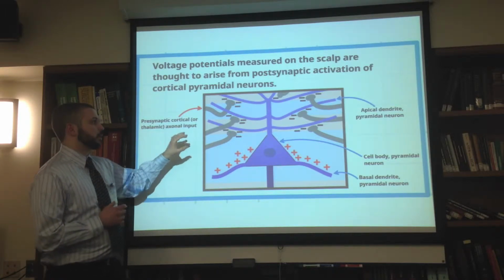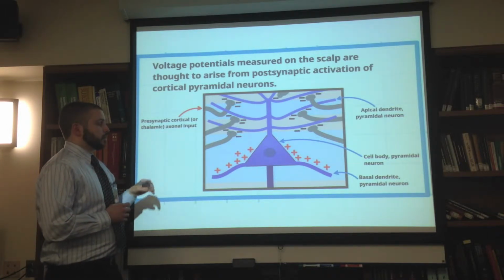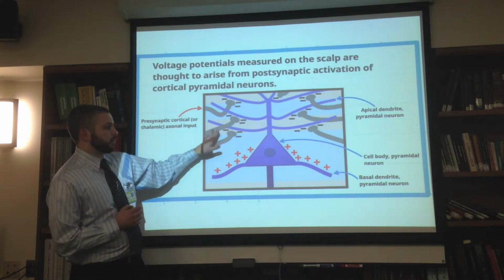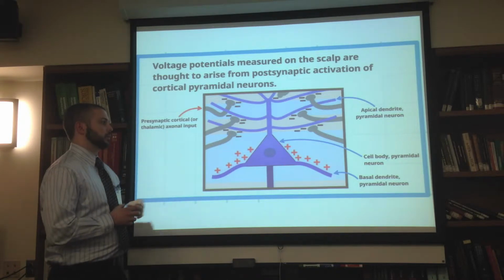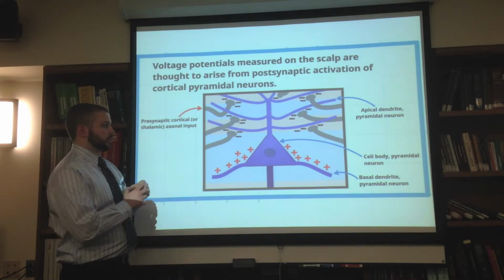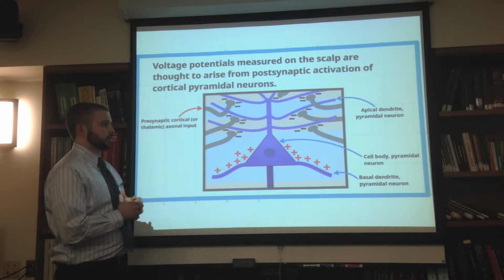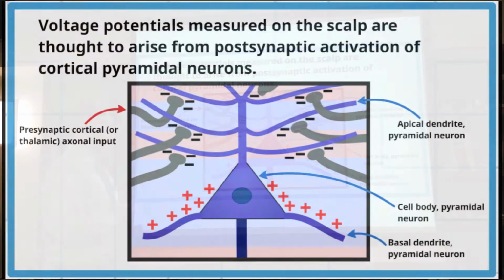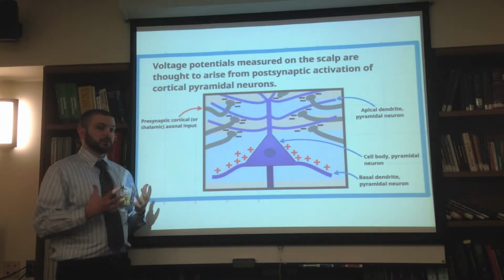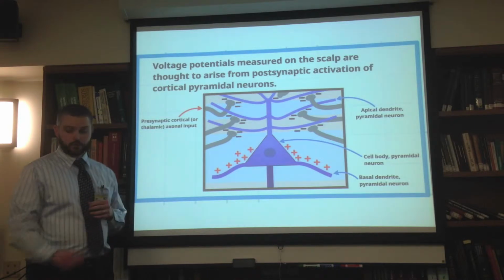Now when these dendrites are activated, charged particles are flowing into the dendrites and then through the cell into the cell body, creating a current. And in doing so, there's a voltage potential that's created in the extracellular space. And that extracellular postsynaptic voltage potential is what we believe we are measuring with our EEG recordings.